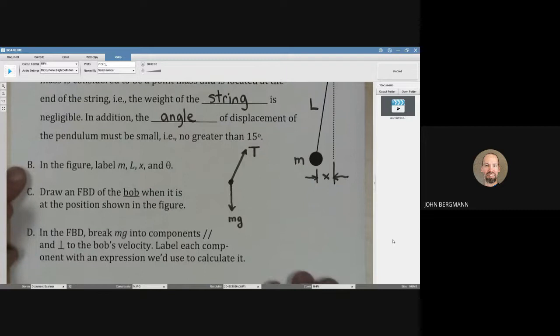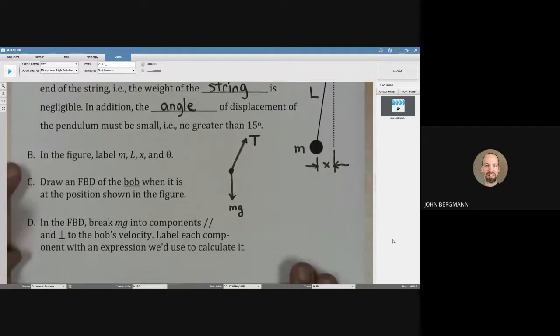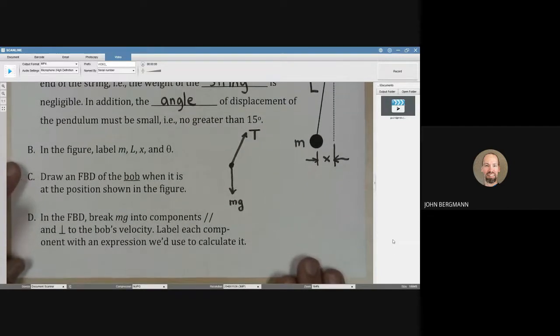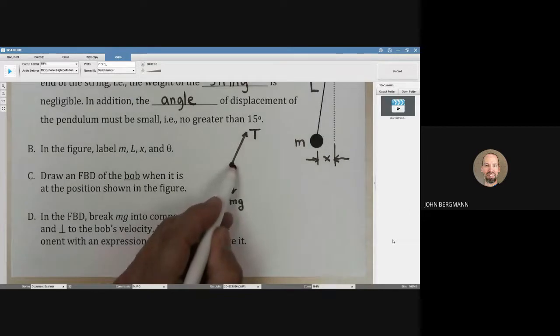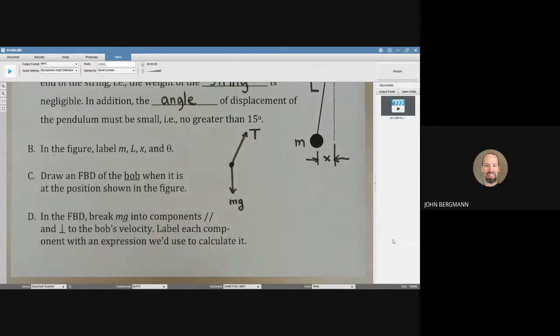Letter D. In the free body diagram, break mg into components parallel and perpendicular to the bob's velocity. Parallel to the bob's velocity, we would have an mg component that would go in that direction, and perpendicular, we would have a component that goes in that direction.